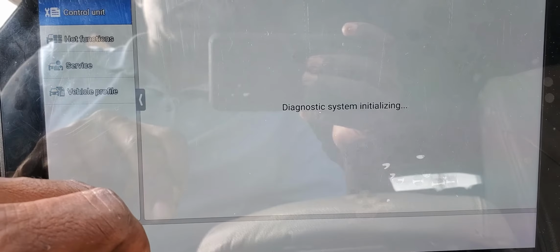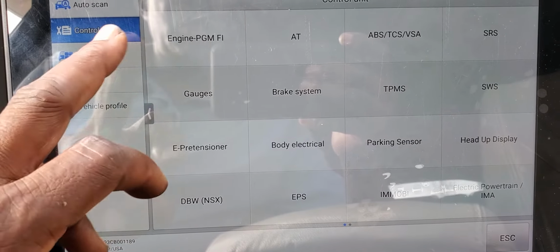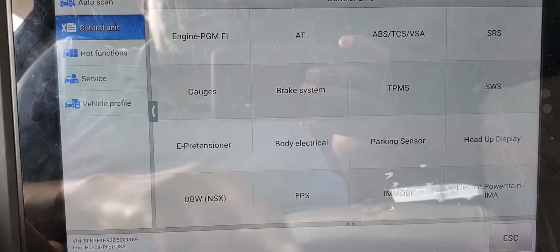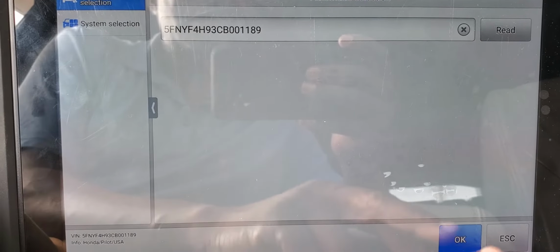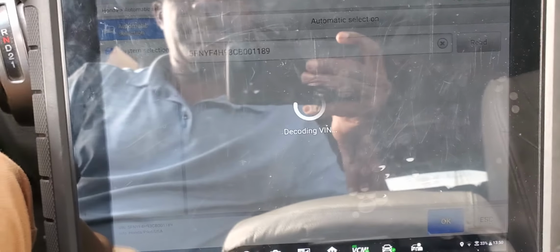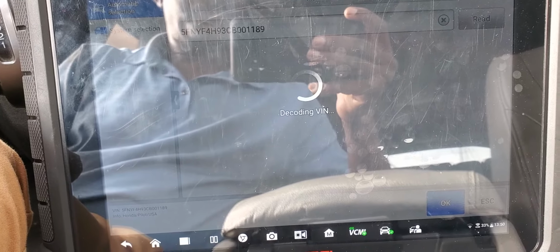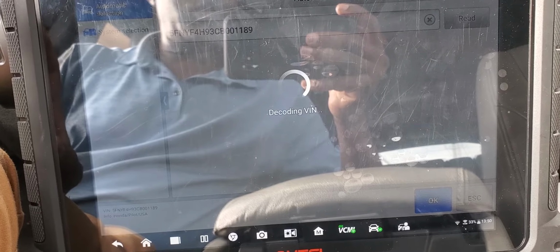So I've got to go back to the control unit again. You want it this way, or you want topology. I escape here, escape this mode. Oh my, it took me out of everything. I'm going to go okay again. Sorry. This time I'm going to go to the engine only.